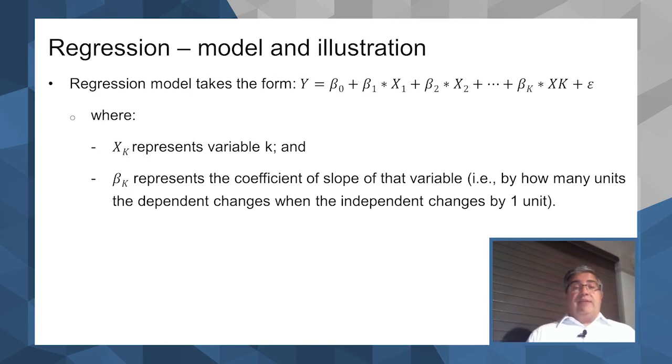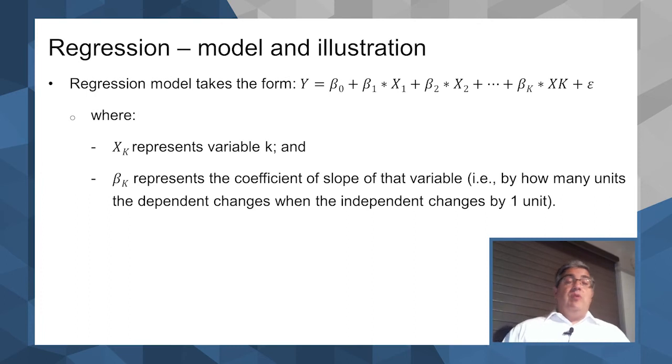Now, if you look at that equation, each value of x represents the variable itself. Each beta represents a constant. Beta 0 is called the intercept of the model, which is, if we make all the x's equal to 0, the value that I expect y to have. And then the other betas, beta 1, beta 2, etc., are called the slopes.